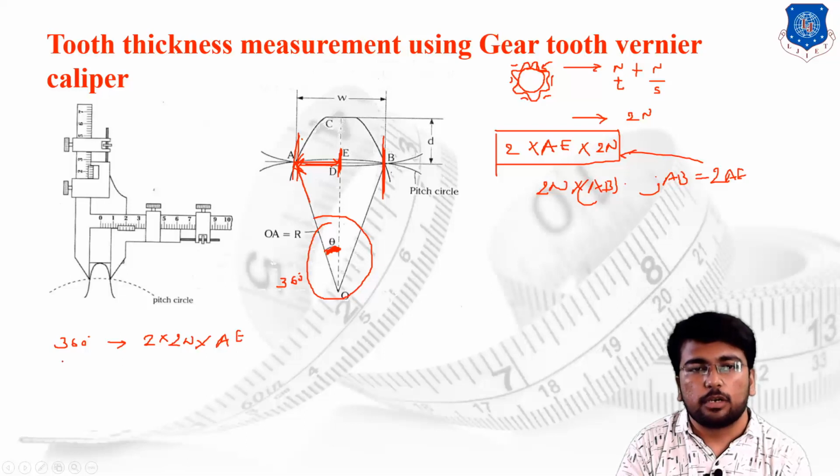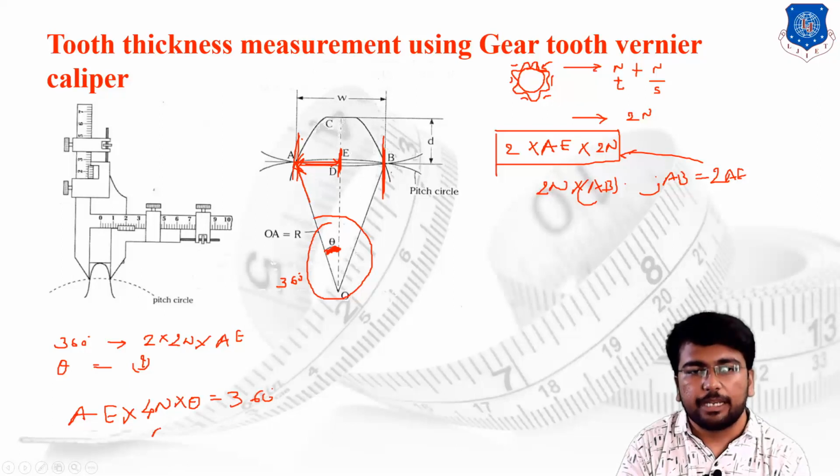Then for the angle of theta, what is the peripheral value of AE? Making AE the subject, AE into 4n into theta is equal to 360, so AE is 360 by theta.